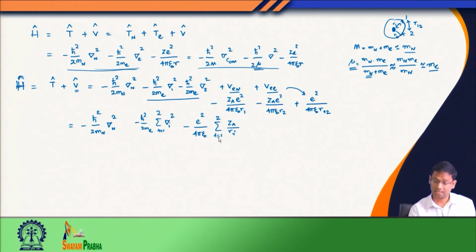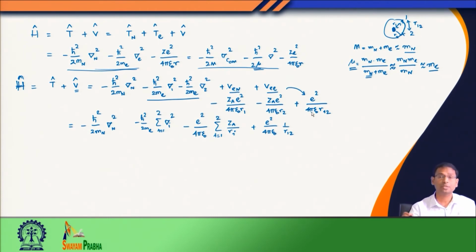When i equals 1, I reproduce the potential energy between electron 1 and the nucleus. When i is equal to 2, I reproduce the potential energy between electron 2 and the nucleus. So, this summation works here, plus I have this term e squared divided by 4 pi epsilon 0 times 1 over r_12.